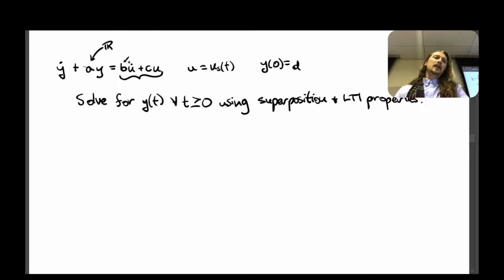And b is going to be another real number times u dot. So we're taking the time derivative of the input u, and c will be another constant that will multiply u, the input itself. So we have a derivative of the input in the forcing function, right?